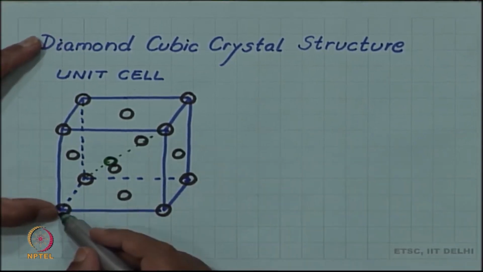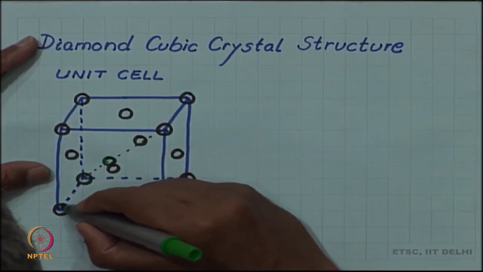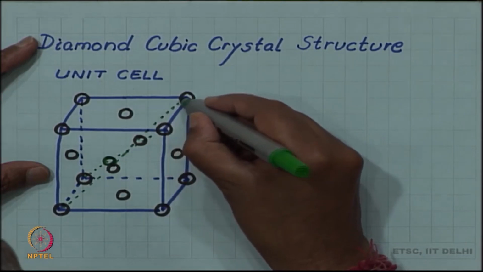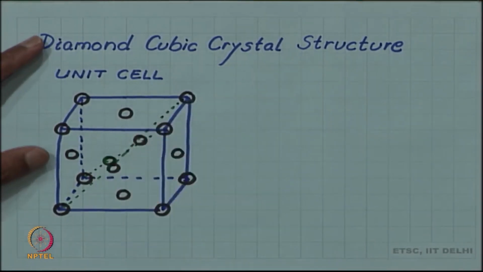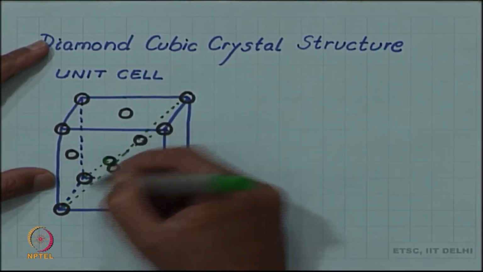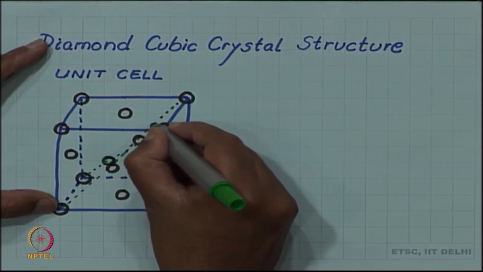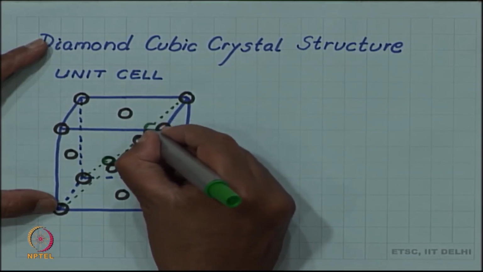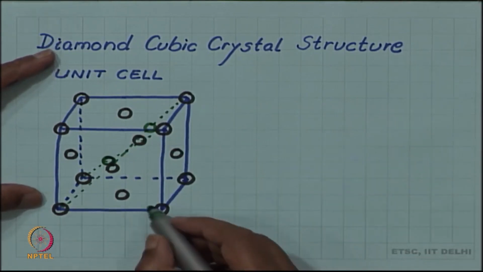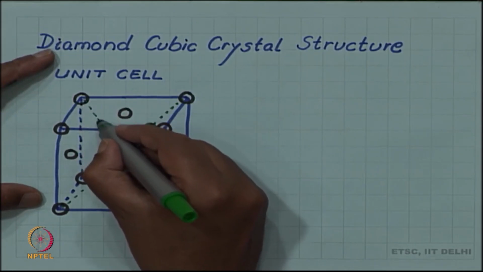Then from this corner another body diagonal emerges. On that body diagonal I place an atom which is 3/4 from the bottom. So, it is now 1/4 from the top. So, it comes somewhere there. Then cyclically I go to the third body diagonal here.